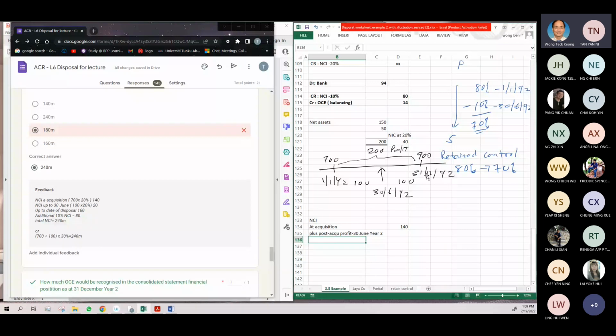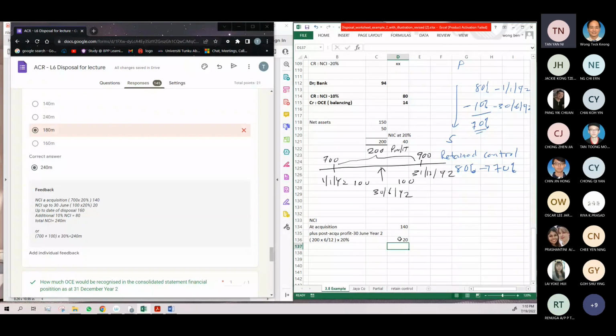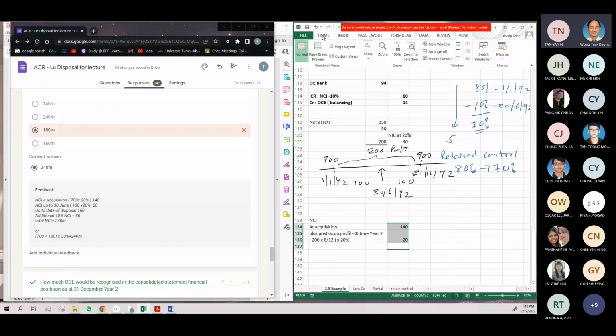So the difference must be profit. Whole year is 200. So use the 200 times 6 over 12. But the NCI can share how many percent? 20%, because 80% you own just before your disposal. So you have 20 over here.